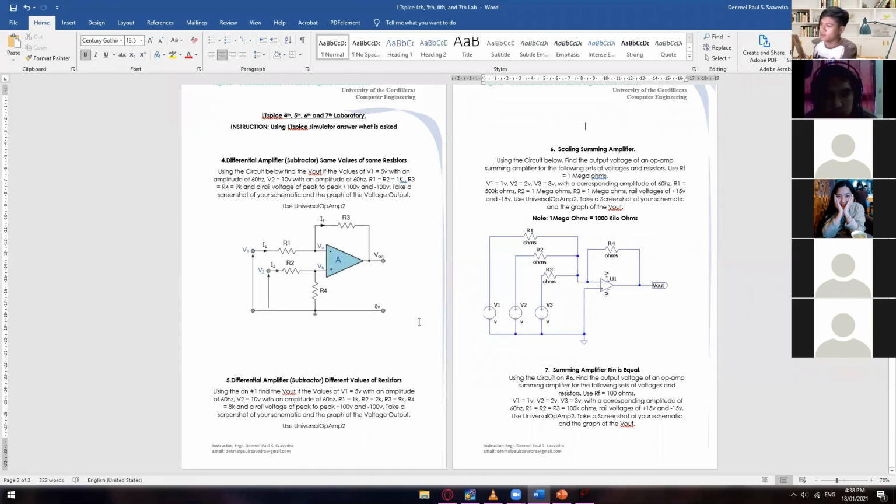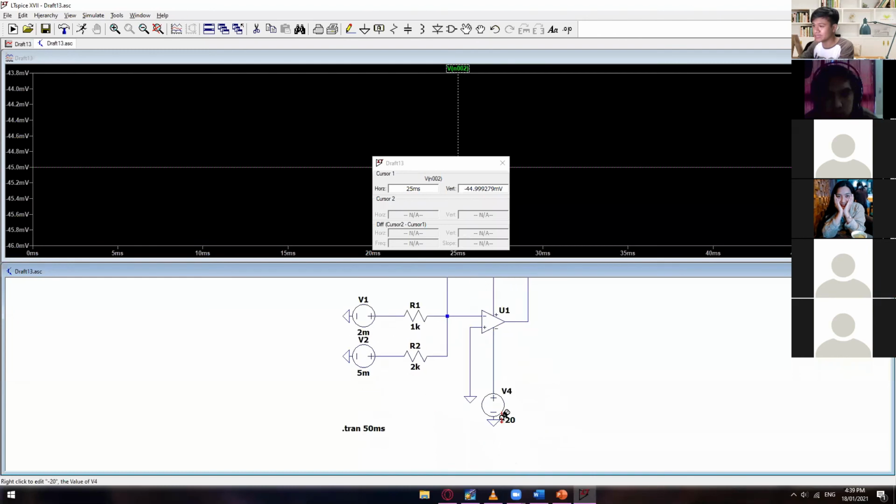Any question or concern so far? Sir, ako po. Yung sa LM741 po sa past activity, pag ni-run mo po siya, ang sabi port pin mismatch. Mas mataas daw po yung instance nung sa positive. Have you checked the polarities?